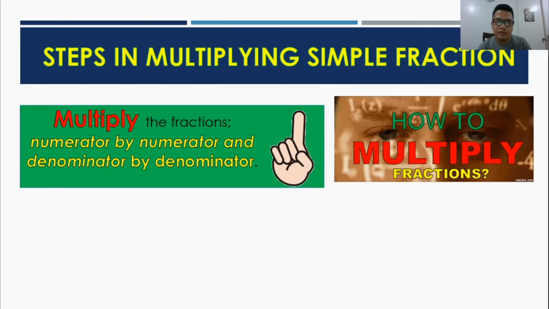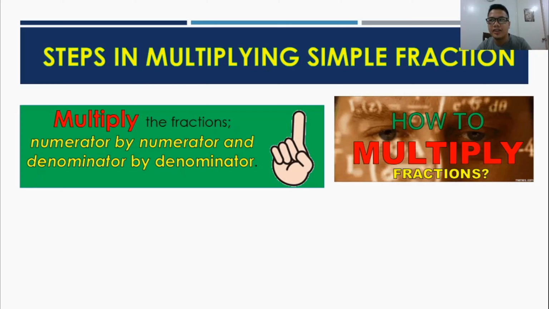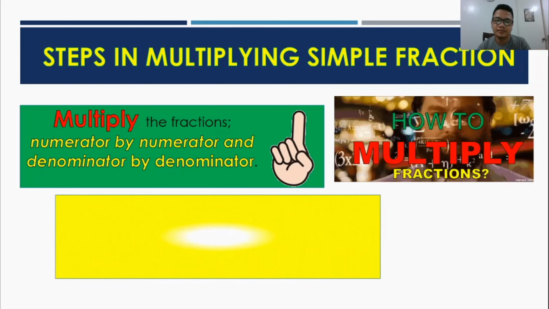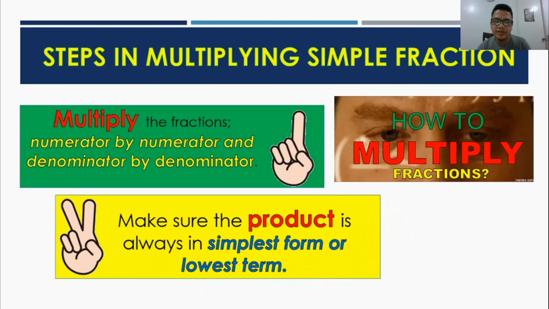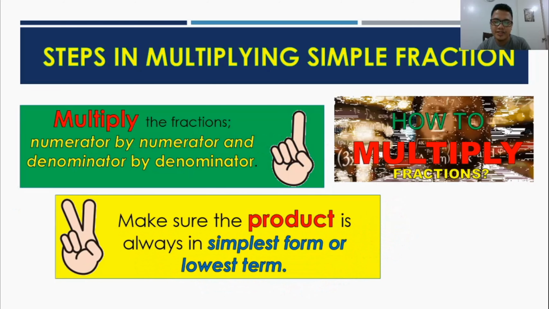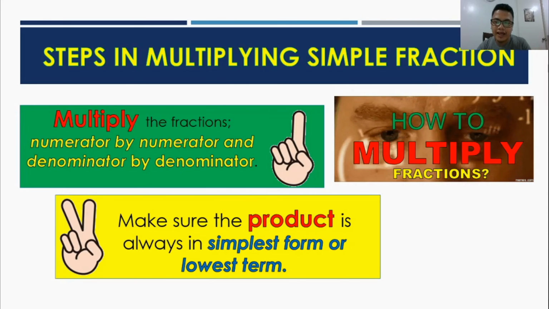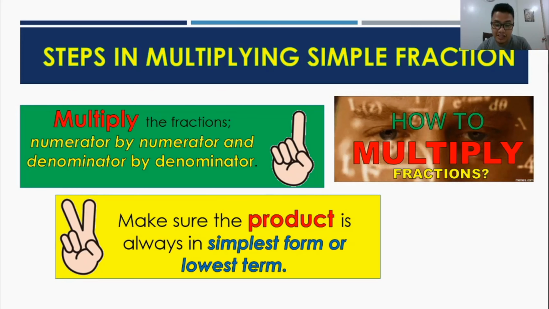Okay, so numerator, taas, multiply. Also, denominator by the denominator, baba sa baba, multiply. Then, second step, make sure the product is always in simplest form or lowest term. We have to ensure na palaging naka-lowest term ang ating sagot or final answer.